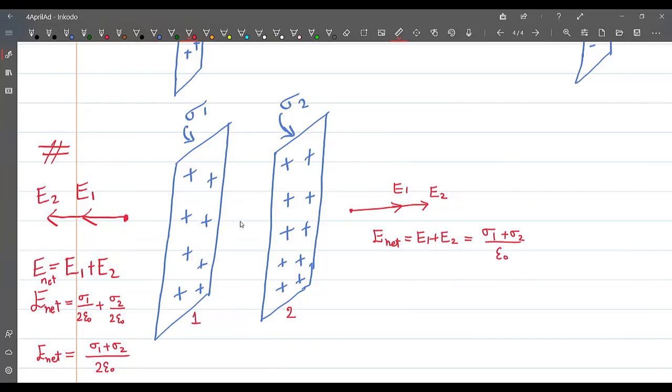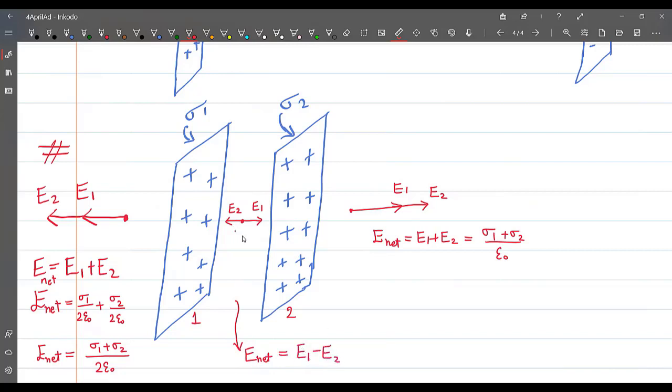But think about this. If the point is here, then this sheet will give electric field in this direction, E1. And this sheet will give electric field in this direction. So in this region, if you want to write E net at this point, so at this point somewhere here, the net electric field will be E1 minus E2.